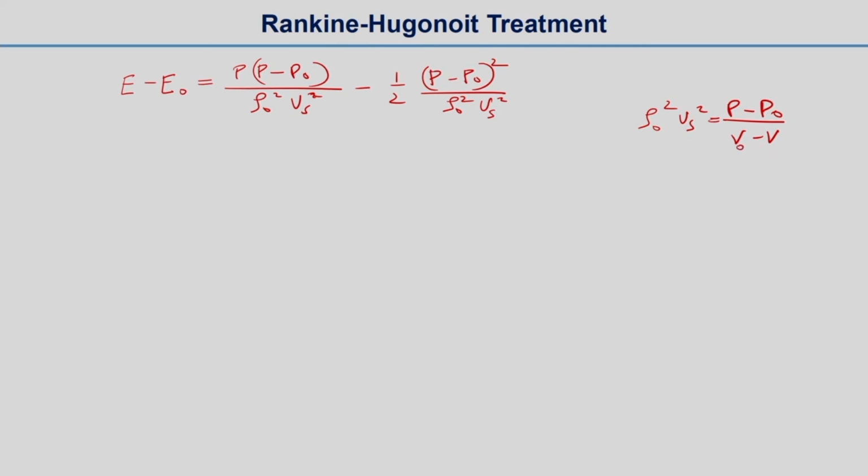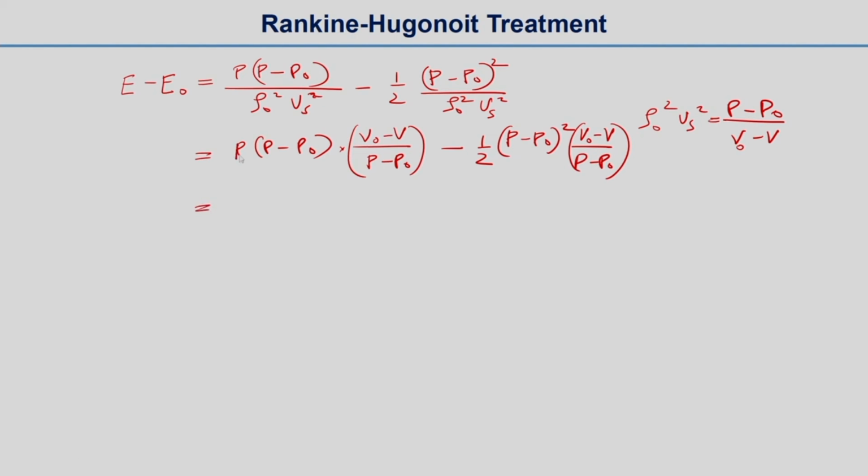If we substitute this, what we will get is (P minus P naught) multiplied by (V naught minus V) over (P minus P naught), and then minus half of (P minus P naught) square, and then (V naught minus V) over (P minus P naught).